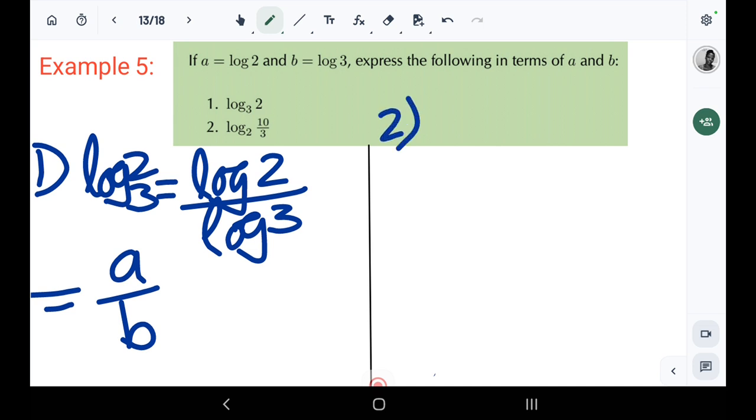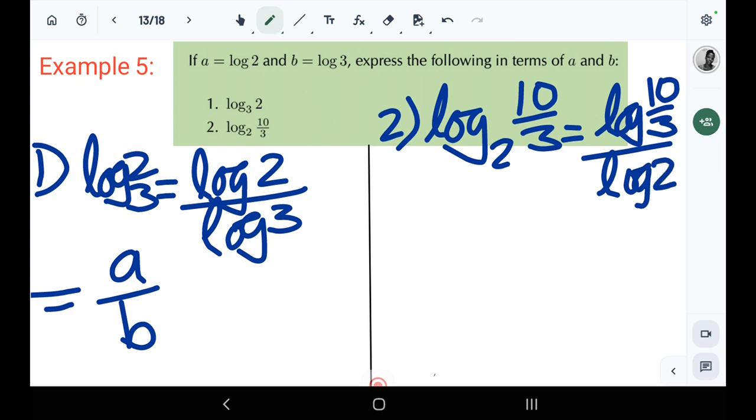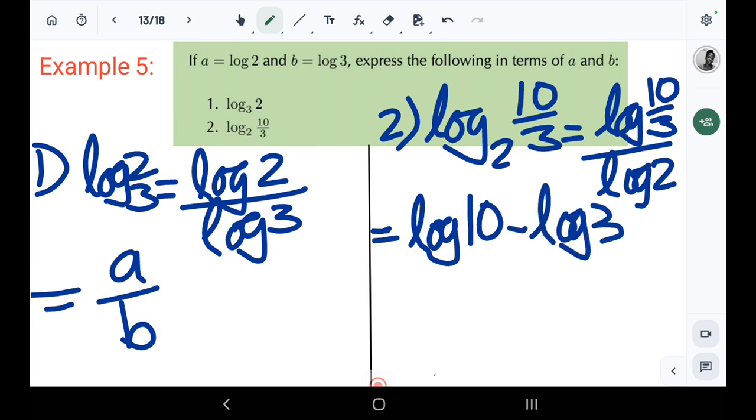Number 2, the log of 10 over 3 to the base 2. Okay, let's change that to different bases. So that is equal to the log of 10 over 3 all over the log of 2. The log of 2 is sorted so far. But remember, when you've got the log of a rational number, a quotient, that is equal to the log of the numerator minus the log of the denominator, over the log of 2.